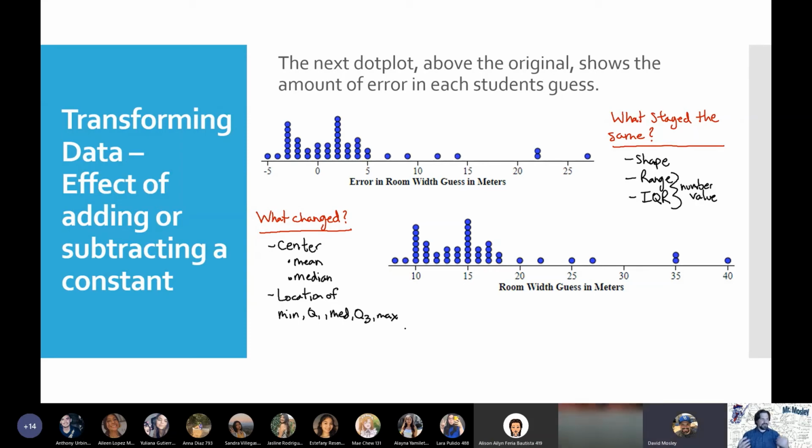Our minimum, Q1, median, Q3, and max have all changed. They've all been shifted. So when I add or subtract a number, in this case we subtracted 13, the shape will remain the same, and the values of the range and IQR stay the same. But the center and location of data are going to shift. They're going to change.